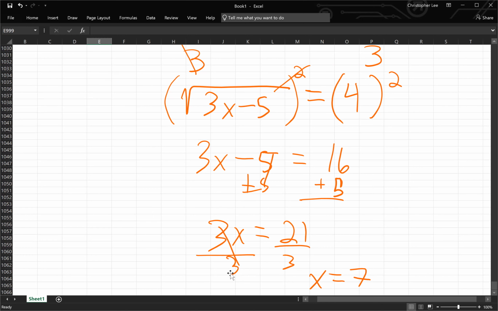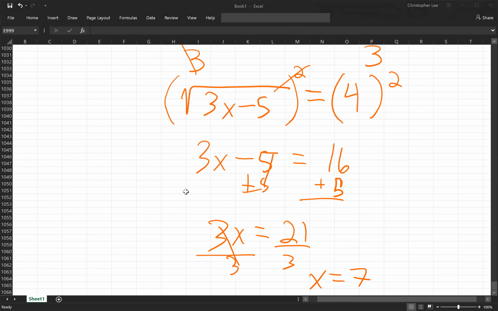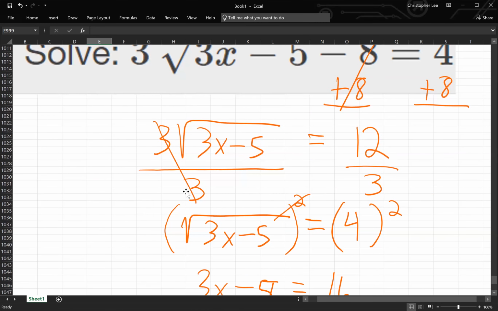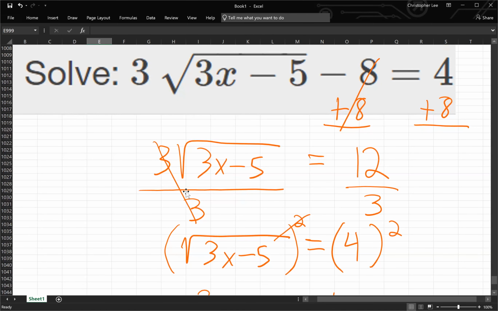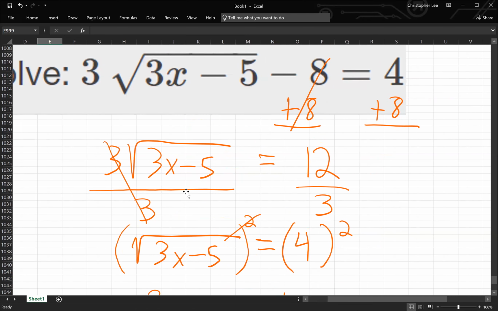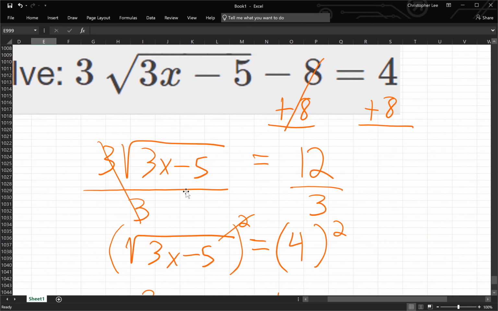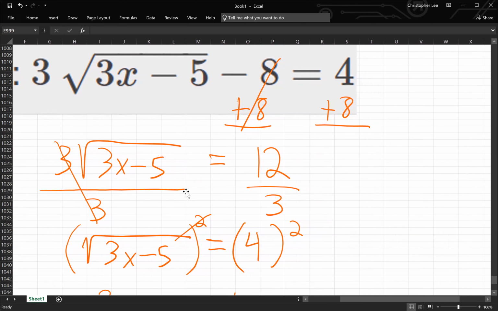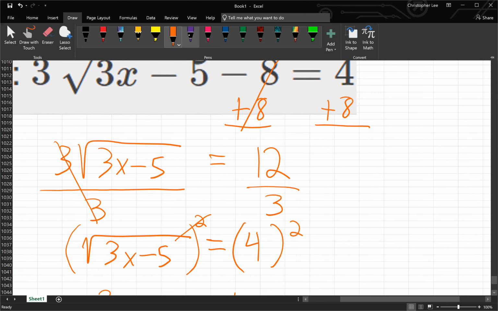Now remember, I don't know if this is right or wrong. Hold on 1 second. I don't know if this is right or wrong, right? So what do I want to do? I want to check it. It's 16, right?